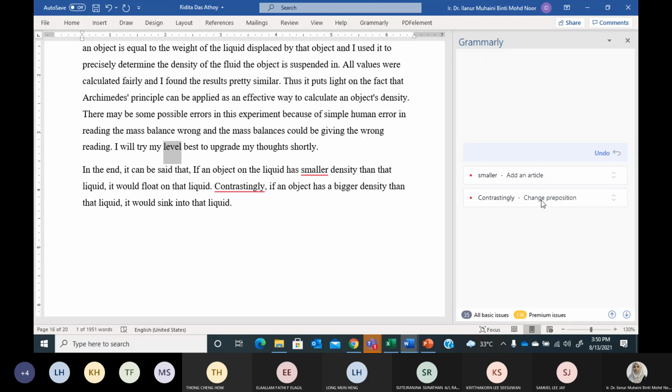Contrastingly. "Contrastingly, if an object has a bigger density than that liquid, it would sink into that liquid." If your condominium has a swimming pool, you can do the experiment at the swimming pool also. Nowadays, during COVID, no one is there, right?